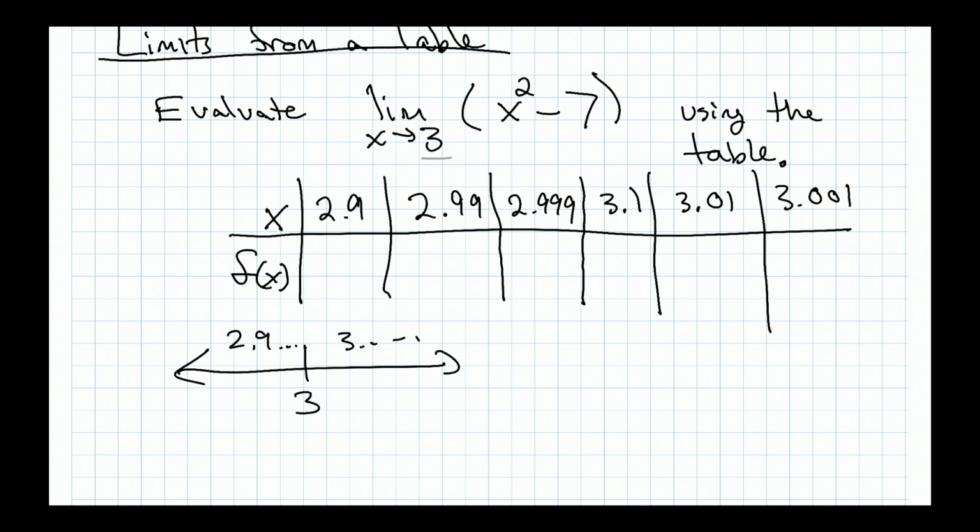Sorry, 2.9, enter, 2.1 to the x, 7 minus, okay. So this is 1.41, if I did that right. I don't know if I did that right, actually.